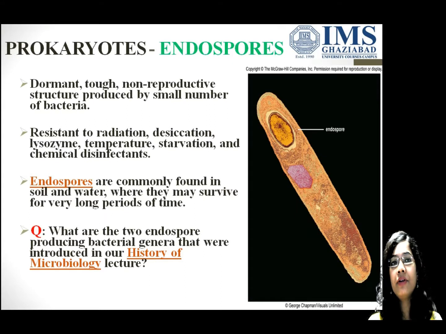Next come prokaryote endospores. Endospore is a different structure of bacteria which not all bacteria possess or form, and it is basically a structure when the bacterium is in an inactive state.